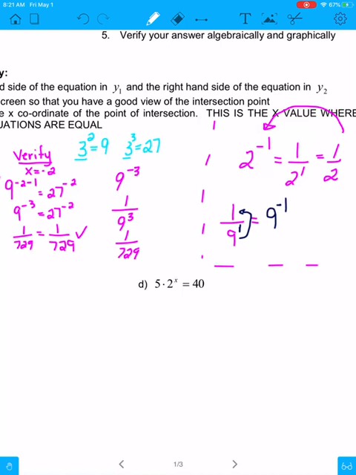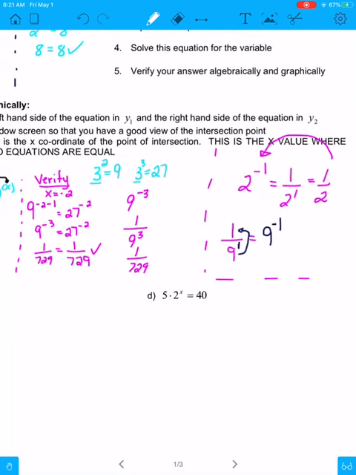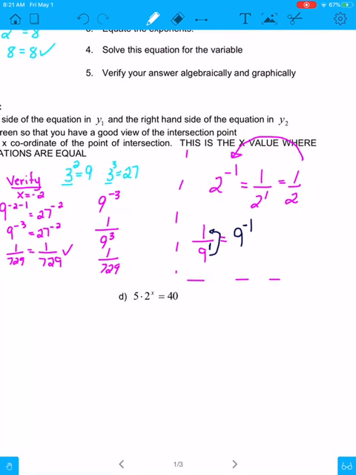So when solving common base, a lot of the time, if you can get rid of the fraction, you do, by just raising it to the negative power. If you don't believe me, type 4 to the negative 1 in your calculator. It's going to give you 0.25. And what is 0.25? A quarter. So it's just taking that 4 to the negative 1 and dropping it.